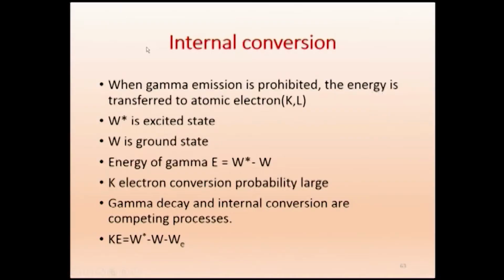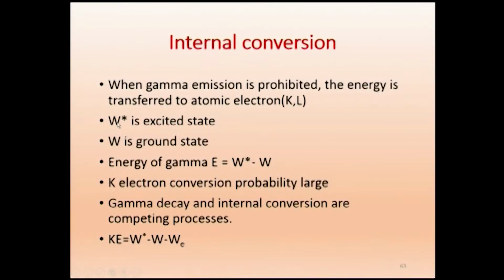We will see what the prohibition is. When it is forbidden to come out, that energy will be given to an atomic electron. Which is the closest electron? It is the K shell. In the atom you have K electrons, L electrons. The energy will be transferred to that one, and thereby the nucleus de-excites and comes to the ground state.